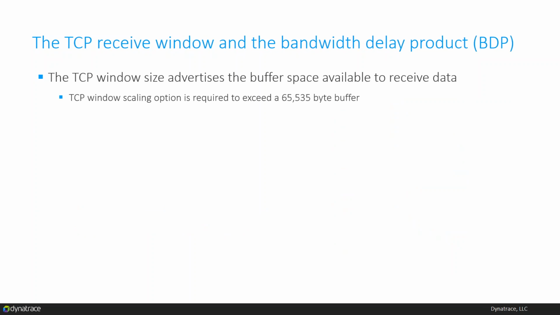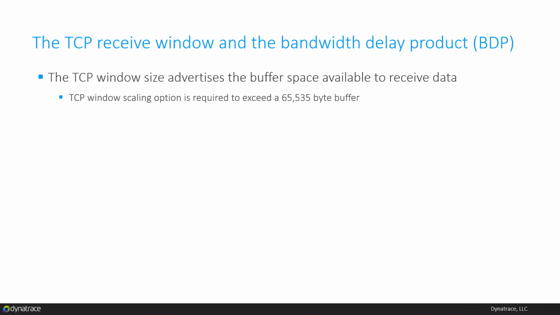Next, we'll talk about the TCP receive window briefly. It's basically an advertisement or an indication to the sending node of how much buffer space is available. In the past, up until a few years ago, the maximum receive window size was 65,535 bytes, right?